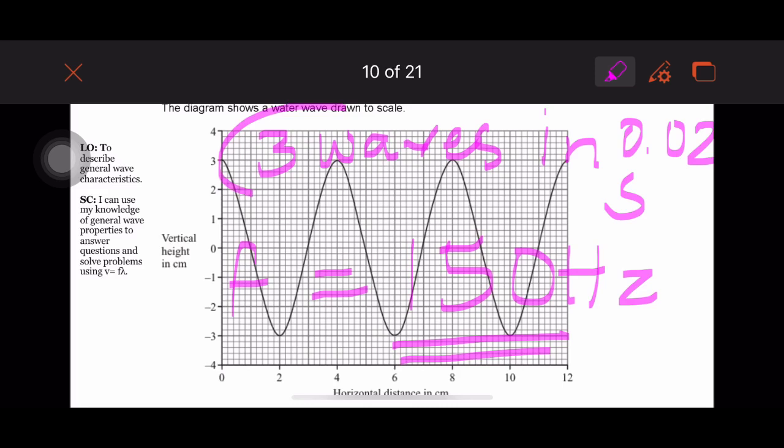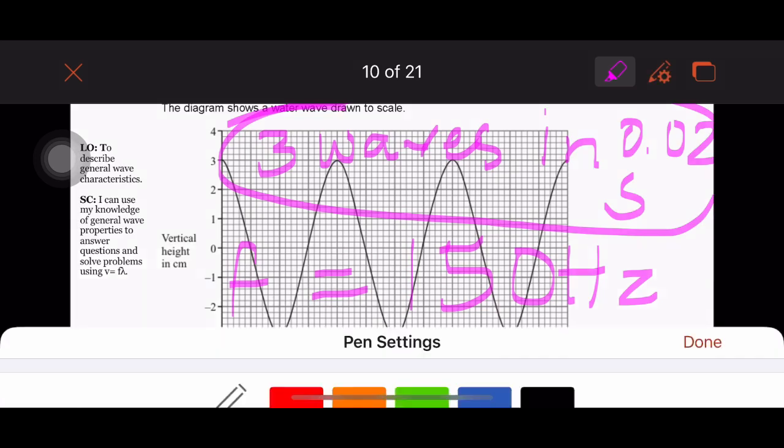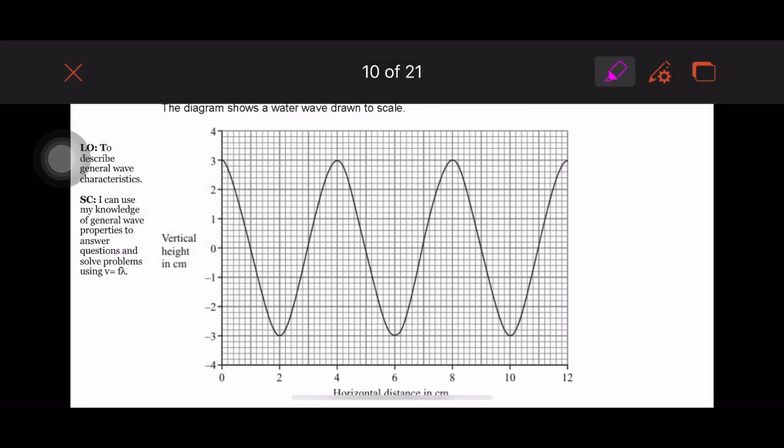Okay, but what is the period of this wave then? If 3 waves is completed in 0.02 seconds, what is the time period of this wave? What does it mean, time period? How much time does it take for this to complete one wave? That's time period. So the time period here will be 0.0067 seconds.